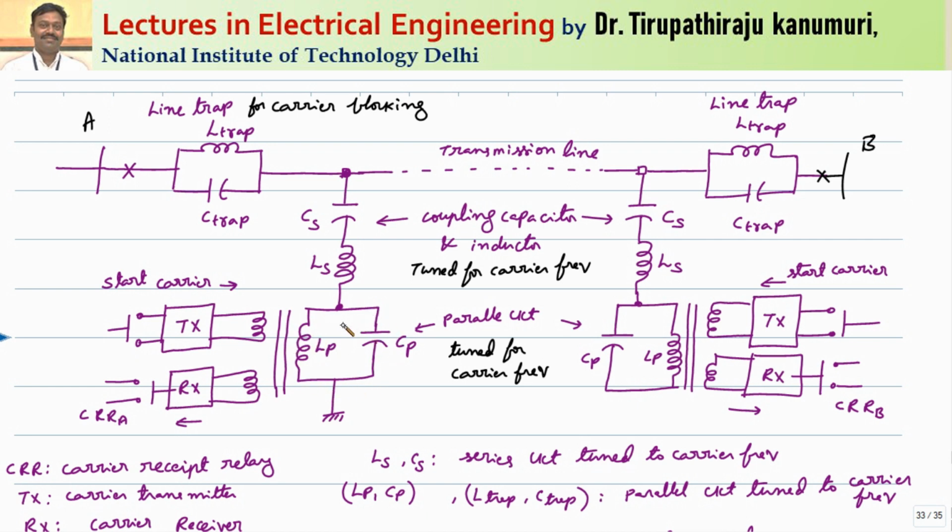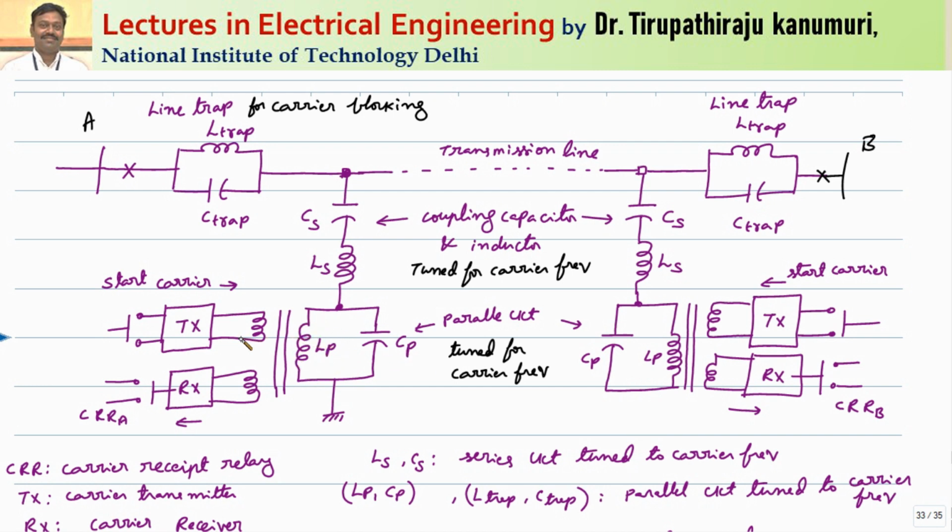Again, this parallel circuit is also tuned to the carrier frequency. The impedance offered is very high at the carrier frequency, whereas the impedance offered is almost zero at the normal frequency. As the impedance is very high, whatever current comes, current multiplied by impedance gives a huge voltage, that means a carrier frequency voltage will appear across this inductor.